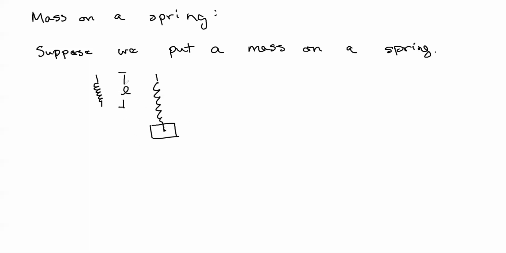The additional stretch we could call capital L. That's the elongation of the spring. We can label this, this is the mass. Let's just note that the mass causes an elongation of capital L.